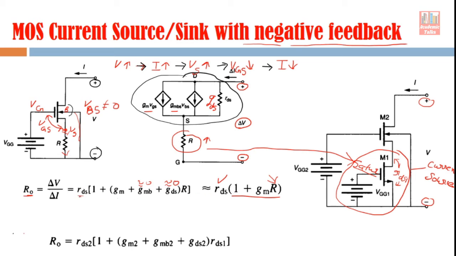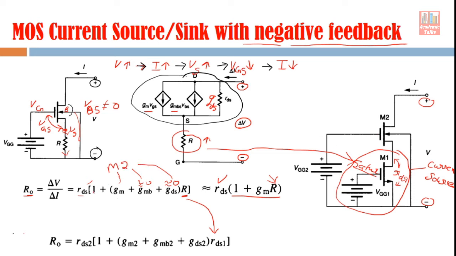But what changes are we making here? This feedback resistance is replaced by RDS1, because that is the output resistance of this first transistor. And all other parameters belong to the main device, and in this circuit which we are discussing right now, all these parameters belong to the M2 device, because that is our main current source here.